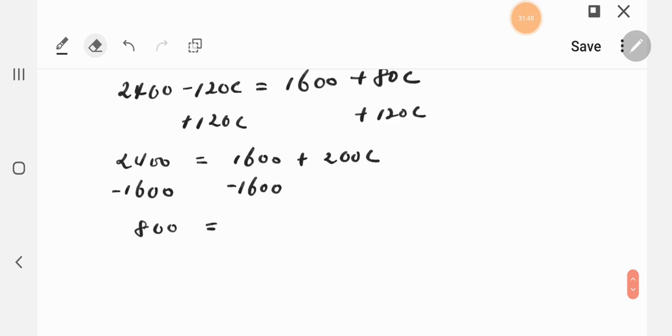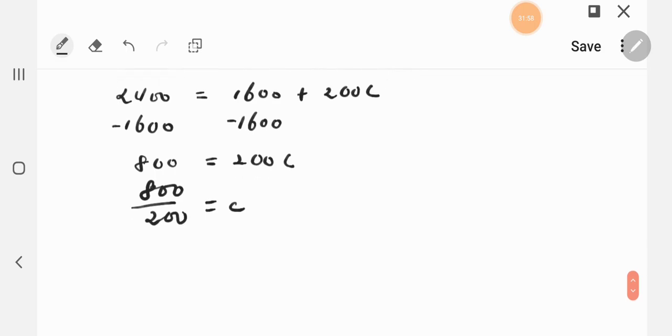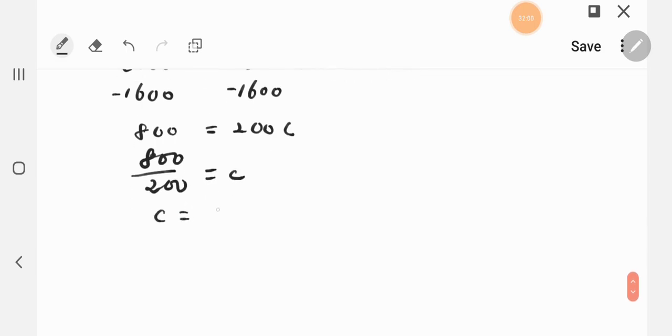That's 800, 200c. So divide each side by 200. So c equals 4. Now, the speed of the current is 4 miles per hour. That's the answer.